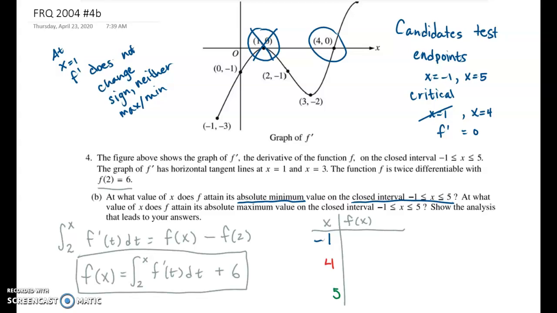So then now I'm going to look at f of -1. F of -1 would be the integral from 2 to -1 of f prime plus 6. But I hate seeing integrals backwards like that, so I would say that's the same thing as the opposite of the integral from -1 to 2.